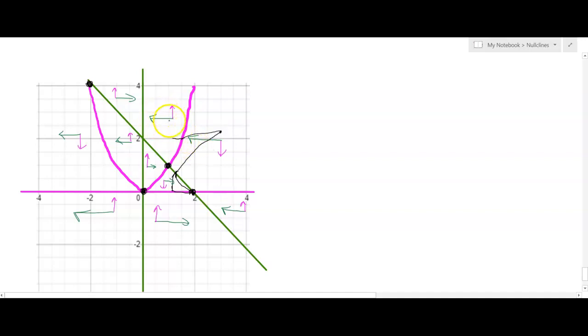Now this point is forced to go up and to the left, so it could go up and to the left forever. Or perhaps what happens is it hits the green Nullcline, and if it hits the green Nullcline, well, that's an x Nullcline, so dx/dt is 0, and we see that both of the y components face up, so this point is going to veer off to infinity, either like that or like this guy here.